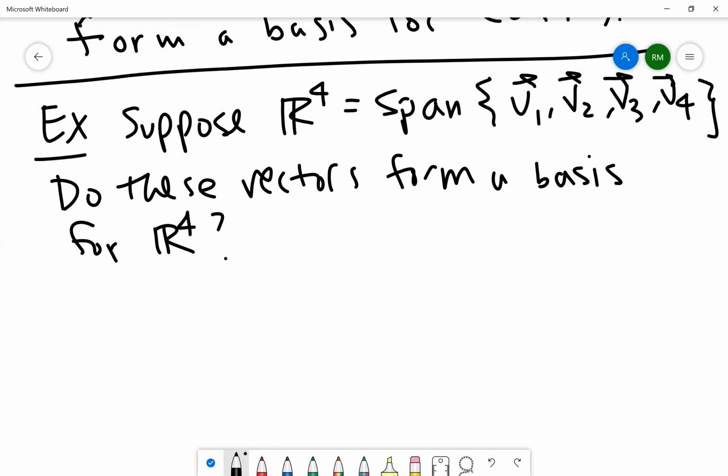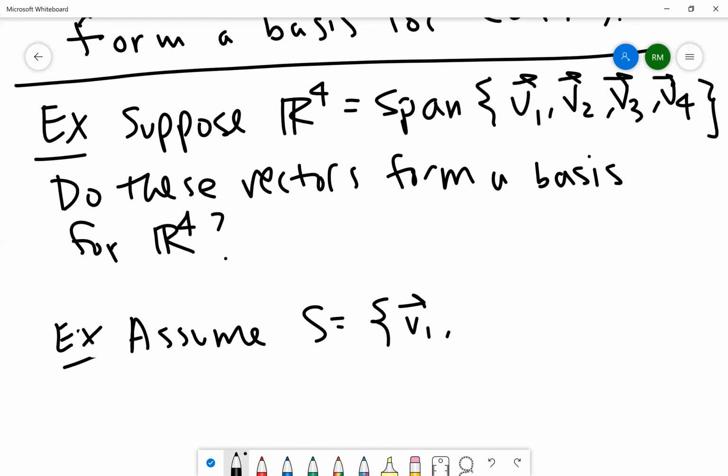Okay, and I'm going to give you another one to think about. So assume that the set S has n vectors in it, and S is linearly independent.